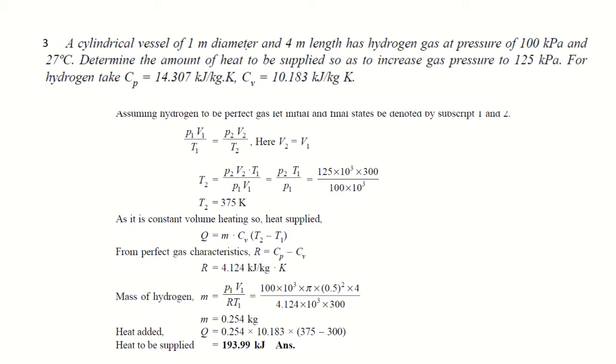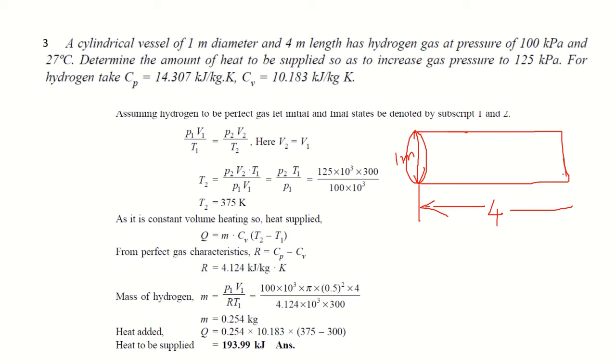A cylindrical vessel of 1 meter diameter and 4 meter length has hydrogen gas at 100 kPa and 27 degrees Celsius, 300 K. The amount of heat to be supplied so as to increase the gas pressure to 125.